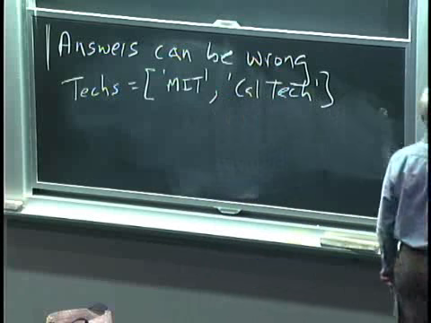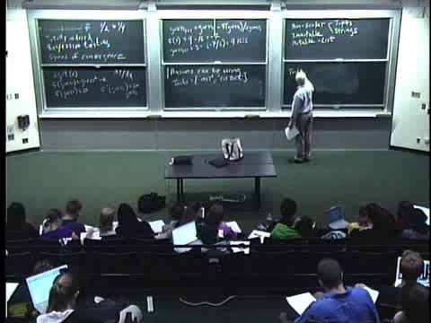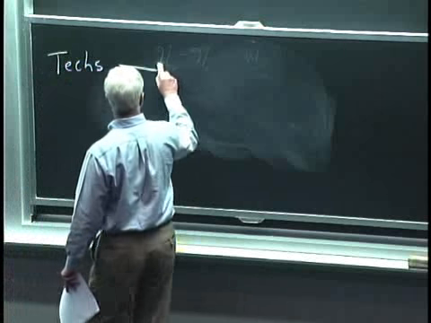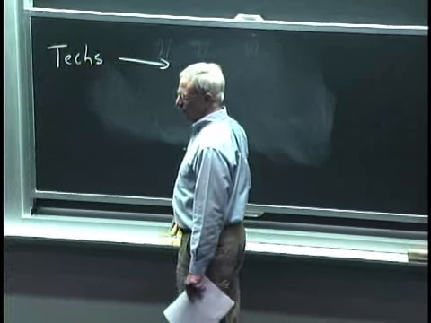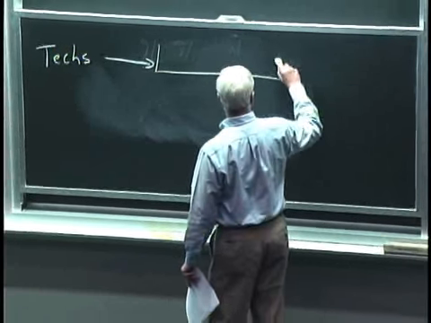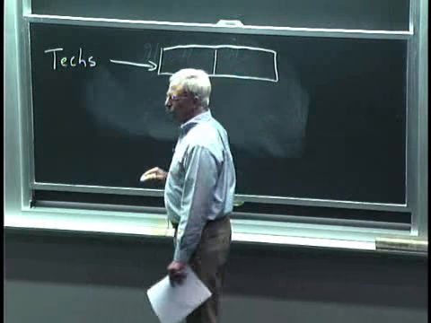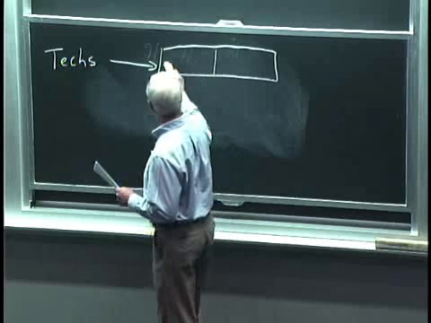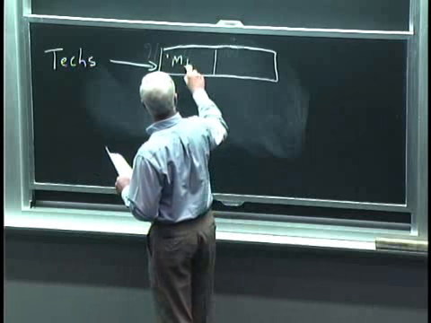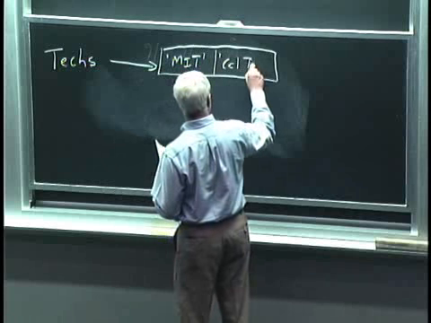What that basically does is it takes the variable text and it now makes it point to a list with two items in it. One is the string MIT, and one is the string Caltech.